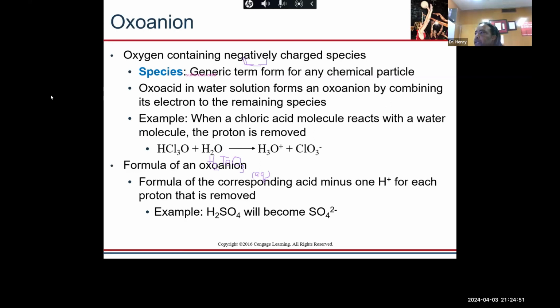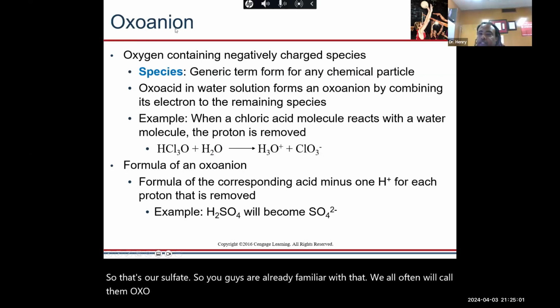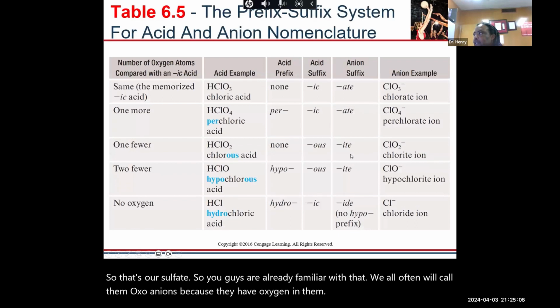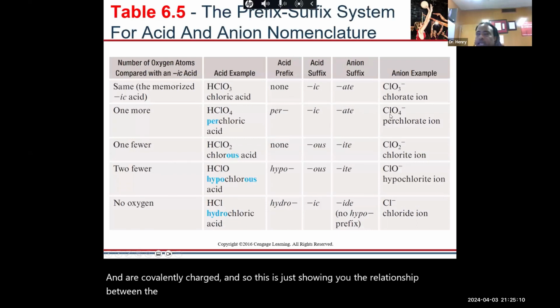We've already talked about polyatomic ions, like our sulfate, so you're already familiar with that. We often call them oxoanions because they have oxygen in them and they're covalently bonded. This shows you the relationship between the acid and the anion.